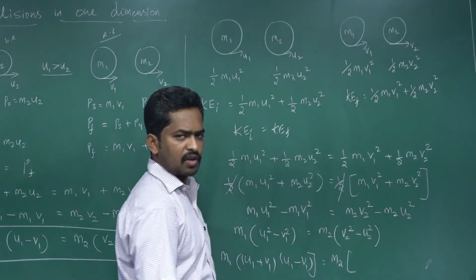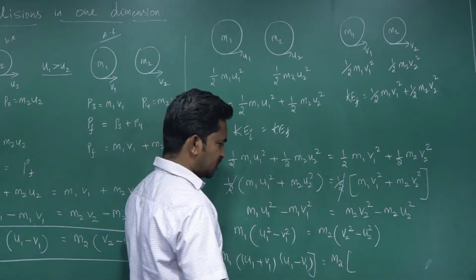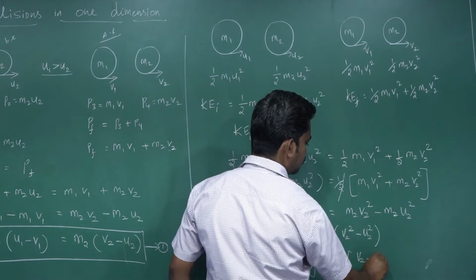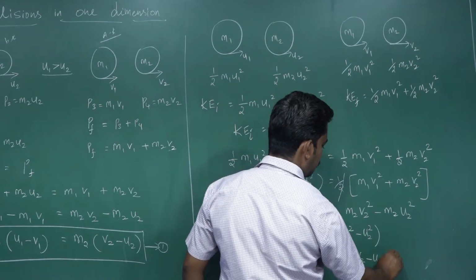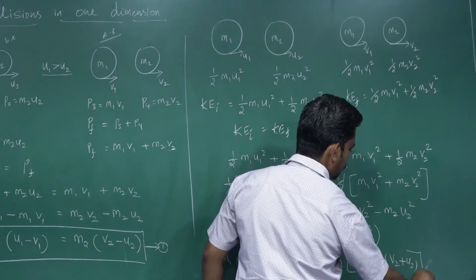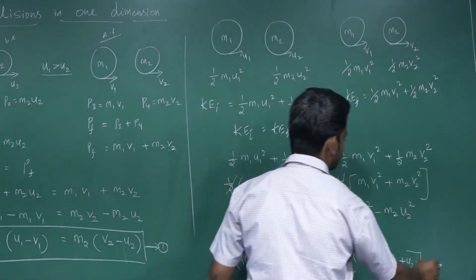So this is v2 minus u2 of v2 plus u2. This is equation number 2.